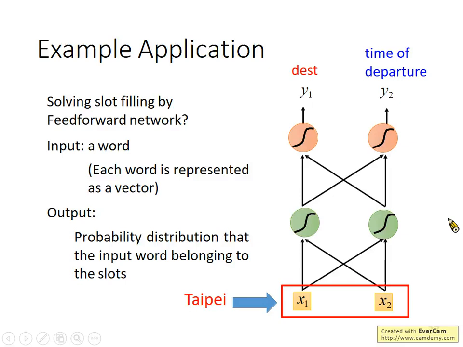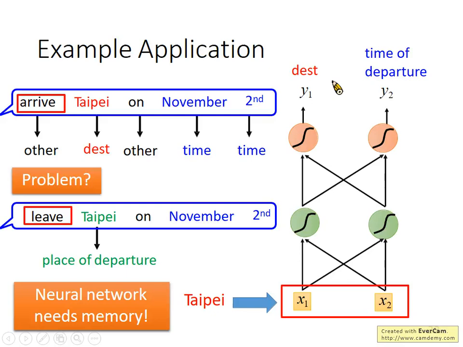When we transform a word into a vector representation, we can input this vector into a feed-forward network, and the output, for example, y1 corresponds to the probability of destination, y2 corresponds to the probability of time of departure. But what is the problem of such a network? We can see these 2 examples. A user may say, I would like to arrive Taipei on November 2nd.